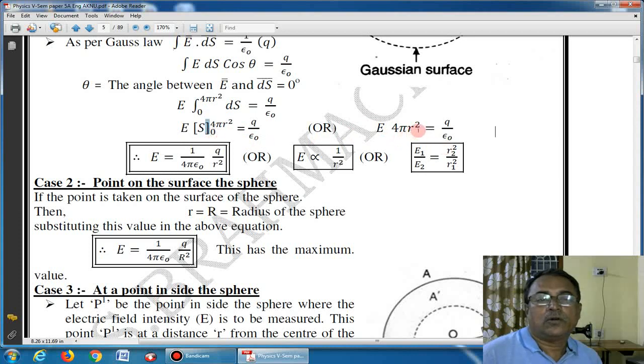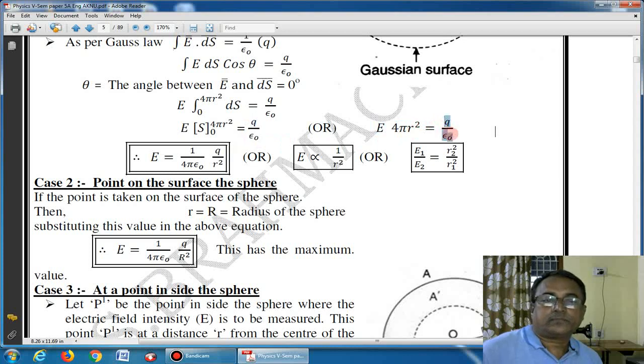So the lower limit value is 0, then E into 4 pi r square, this value is equal to, what is the right side value? q by epsilon naught.